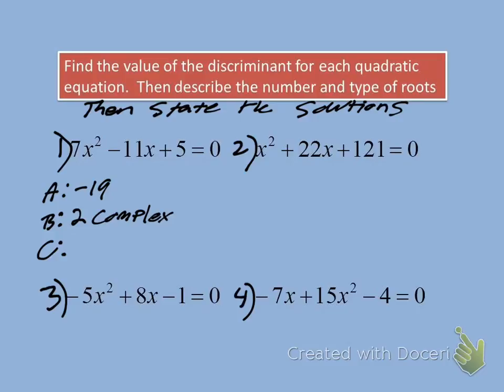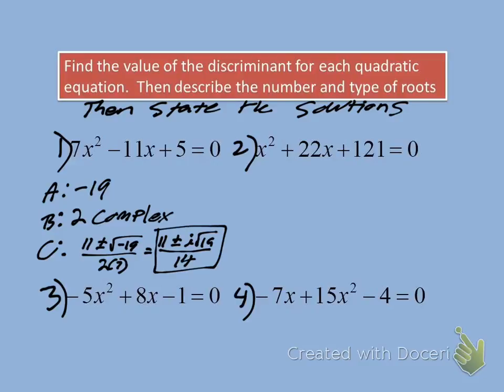So this one we got to go a little further, right? Okay, so we got to go -B, which was 11, plus or minus square root of negative 19, because that's your discriminant, right? All over 2 times 7. So 11 plus or minus i square root 19 all over 14.